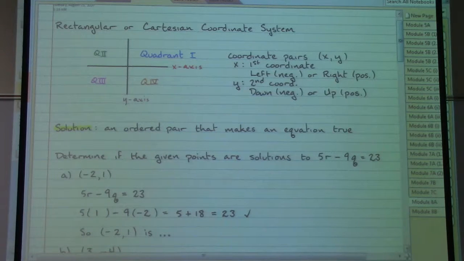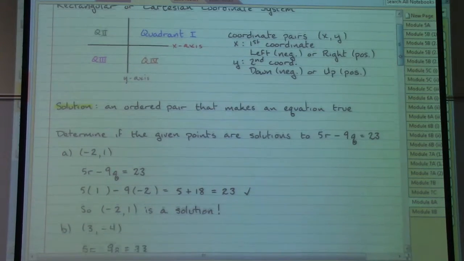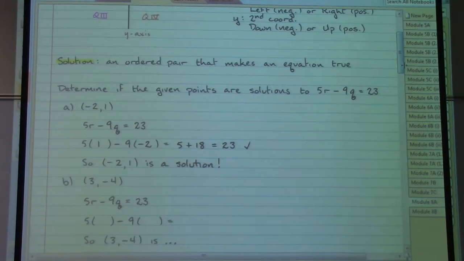So what we would say about this particular ordered pair is that it is a solution, so this pair works. Well, let's look at things with a different pair, but the same equation, 5R minus 9Q equals 23.